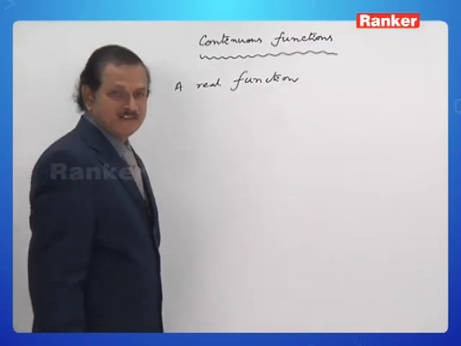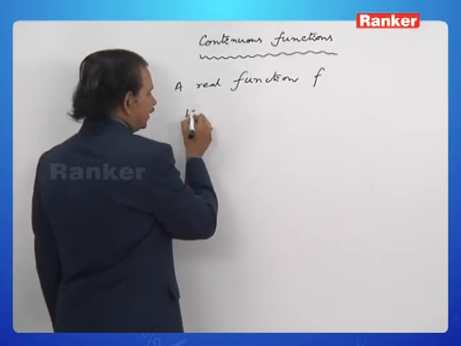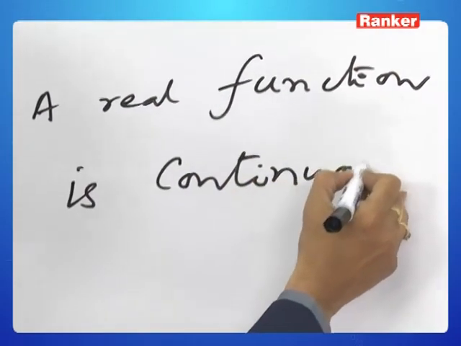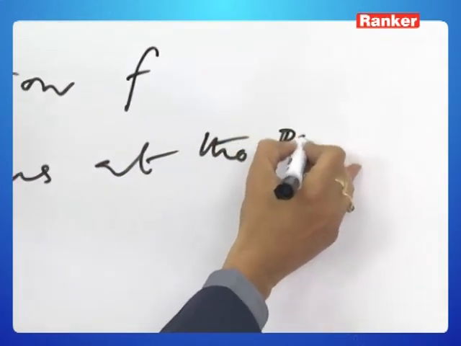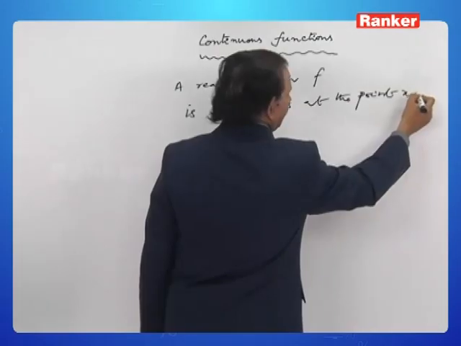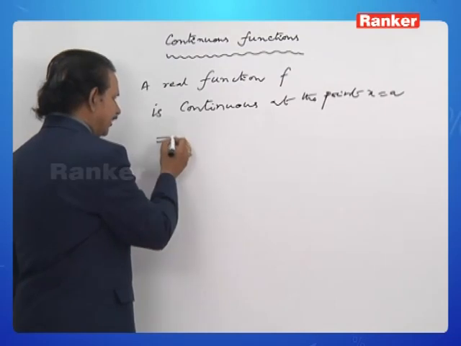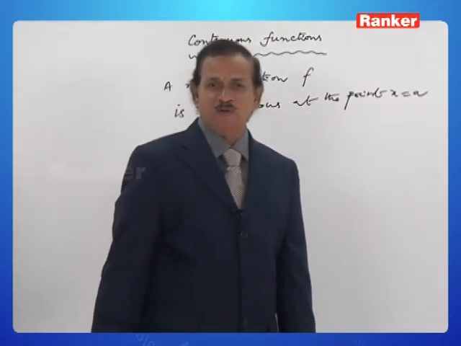A real function f is continuous at the point x is equal to a if and only if, number one, what could we have planned?